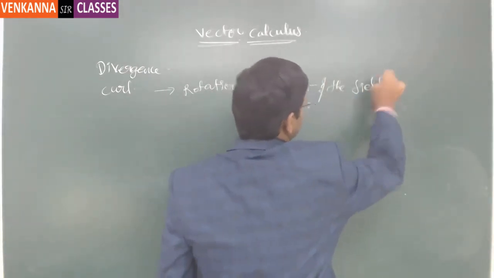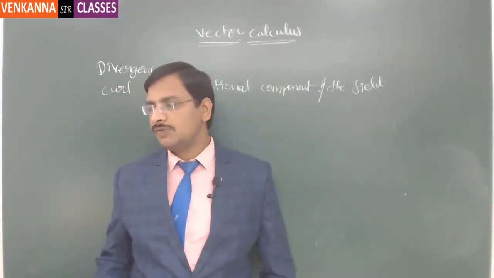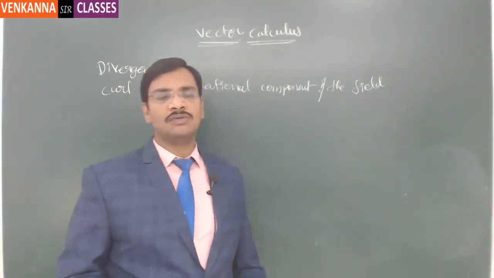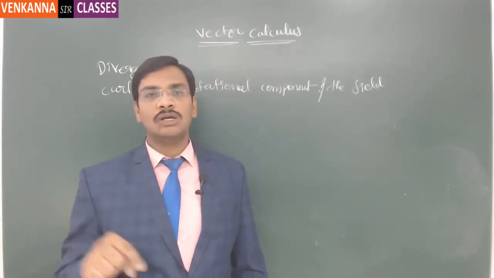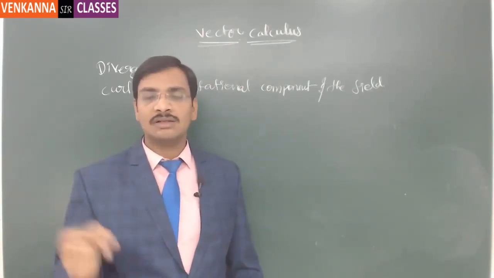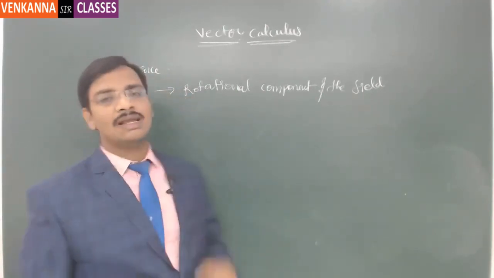Suppose this field is generating a rotational component, that means, let us say, if the water is continuously flowing, somewhere you can see there are certain curls that are generated. Whether there are any curls present, you are going to understand with the help of del cross on it.